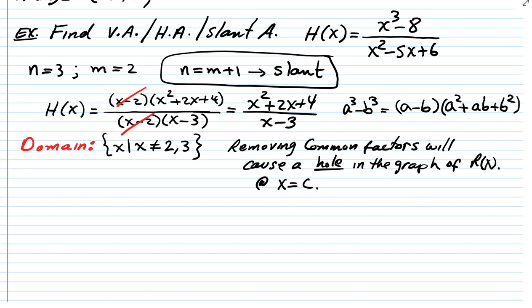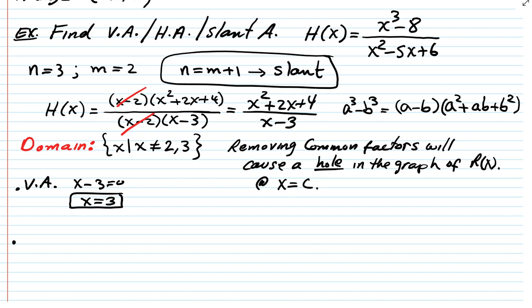Now let's find the equations. Remember the original intent: we want to find vertical, horizontal, and slant asymptotes. The vertical asymptote is going to be a place where the denominator is 0, so x minus 3 equals 0 and x equals 3. That's the equation for the vertical asymptote.